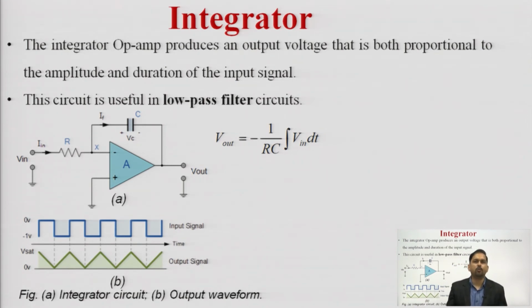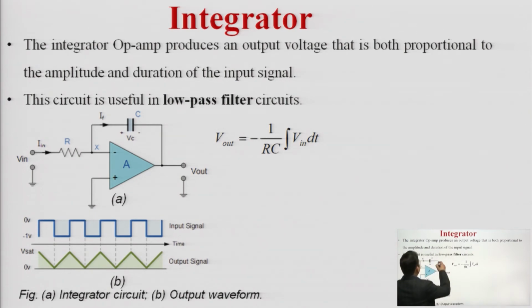We can say that V output is something like the integration of the input signal. That kind of circuit is the integrator. The capacitor C is placed in a feedback configuration where R is placed at the input side.